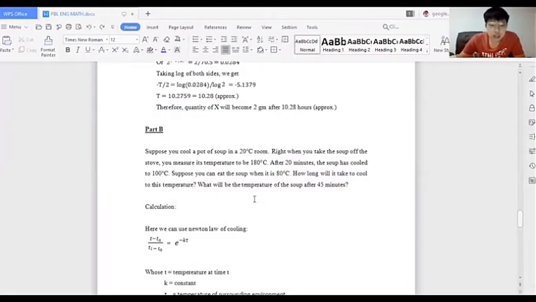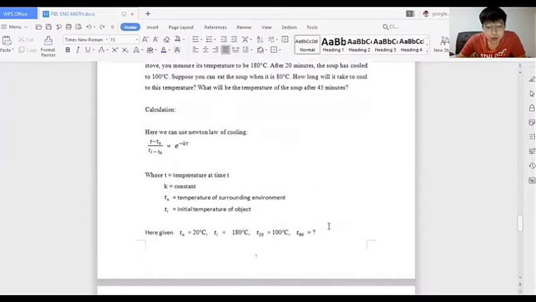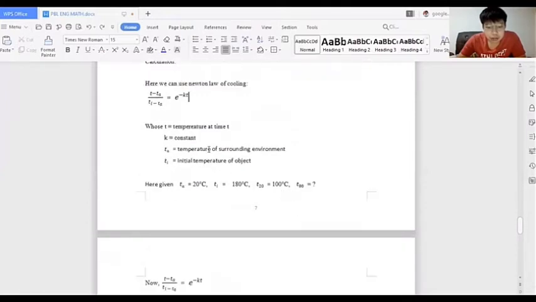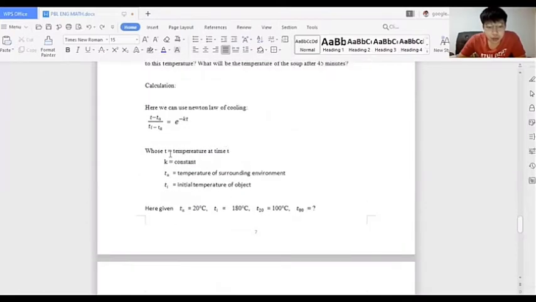So first, we can use Newton's law of cooling, which is this formula, to find out how long it will take to cool to 80 degrees temperature. T is our temperature, k is the constant, TA is the temperature of the surrounding environment, Ti is the initial temperature of the object.